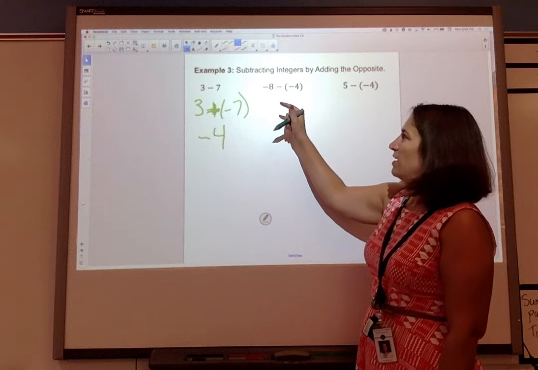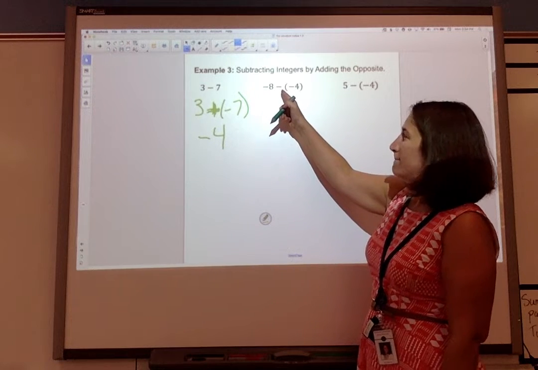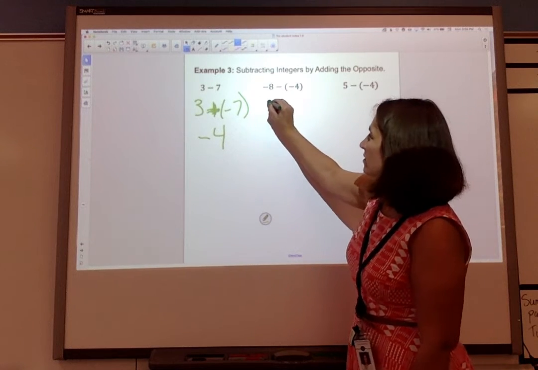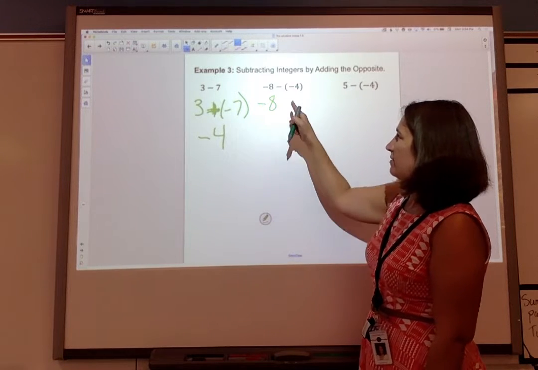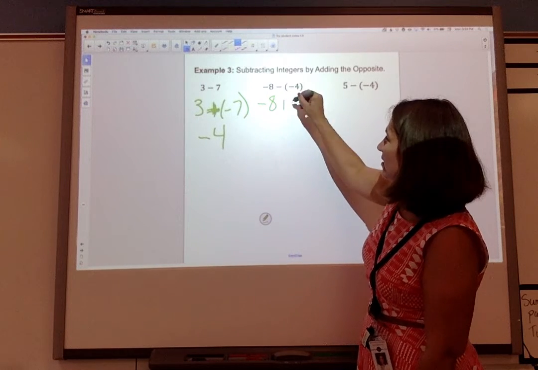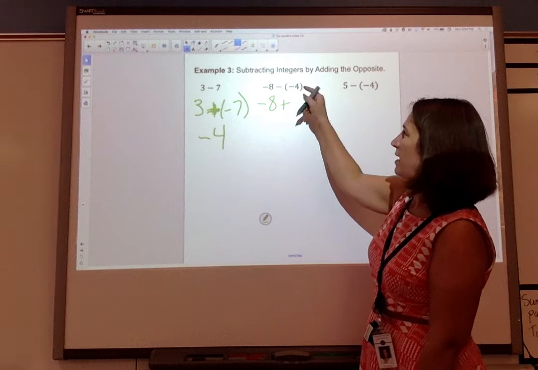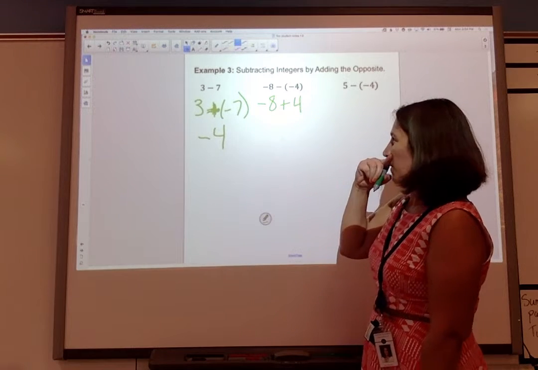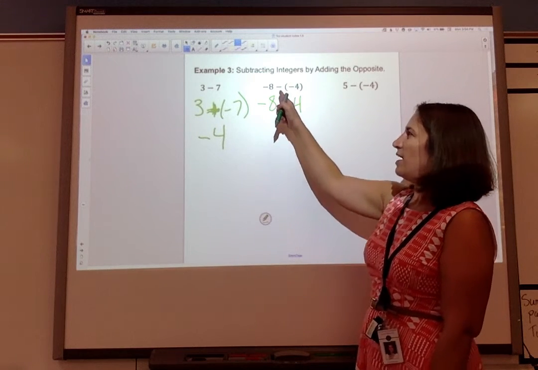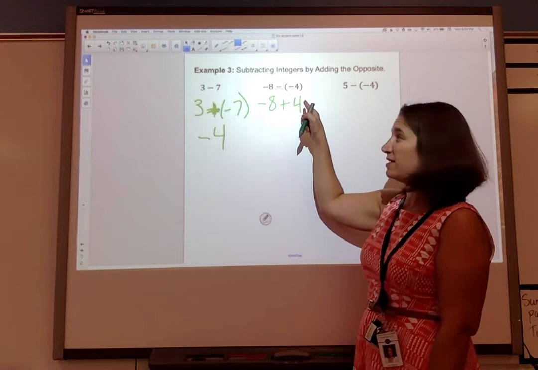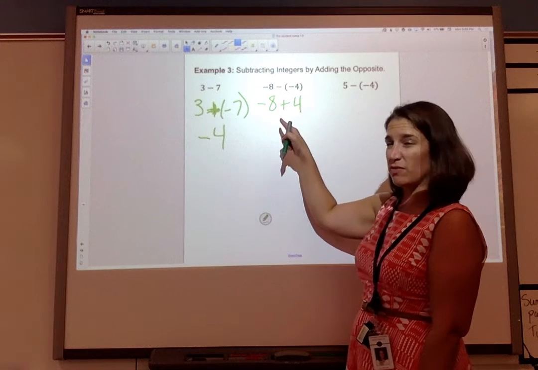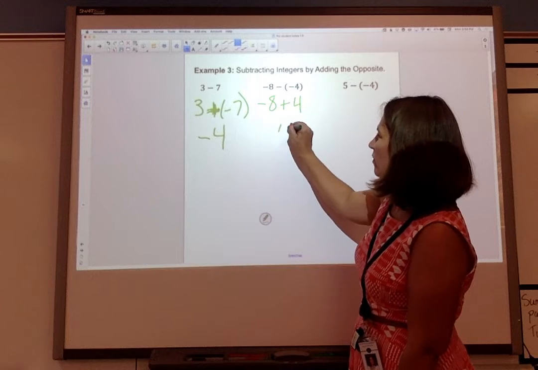Let's do the same thing here. Instead of negative 8 minus negative 4, negative 8, but instead of minus, I'll do plus positive 4. Now I can use my rules of addition. I have a negative number plus a positive number. I subtract their absolute values. 8 minus 4 is 4.